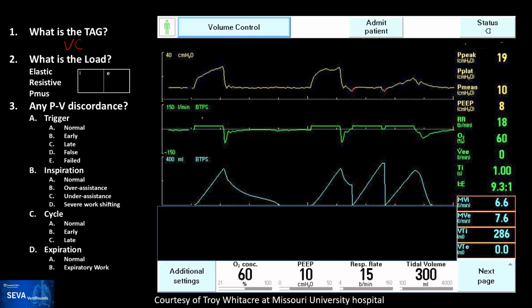Volume control, and we know that because we can see beautifully the flow controlled during the inspiratory, and this will be CMV, so control mandatory, because we don't see any spontaneous breaths, meaning pressure support breaths, anywhere. And the tag, at least on these breaths that we have available here, would be an S, as many of you have recognized here. This ventilator does funky things, and it may have other things activated, but at least on these graphs, there's nothing activated. So this is the tag at this time.